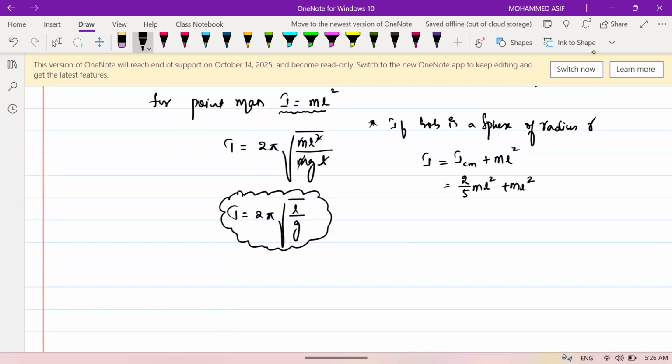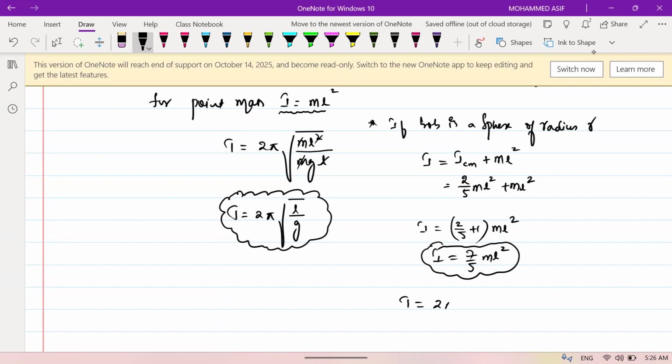So 2 by 5 plus 1 into m into L square is 7 by 5 m L square. That is the moment of inertia. So what will be the time period now?